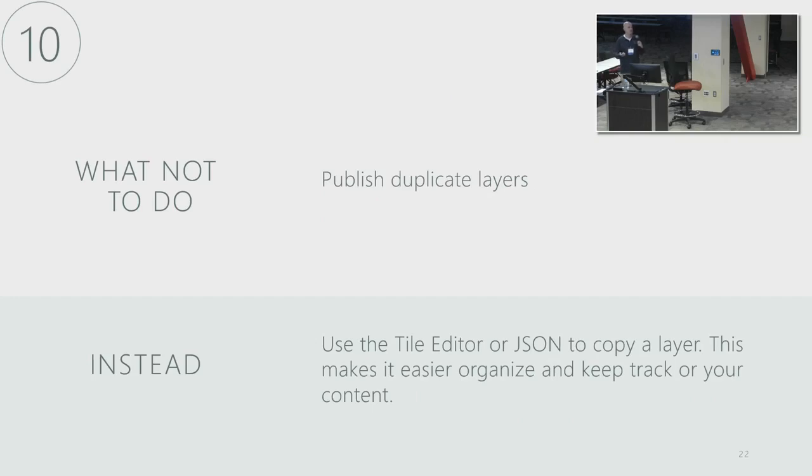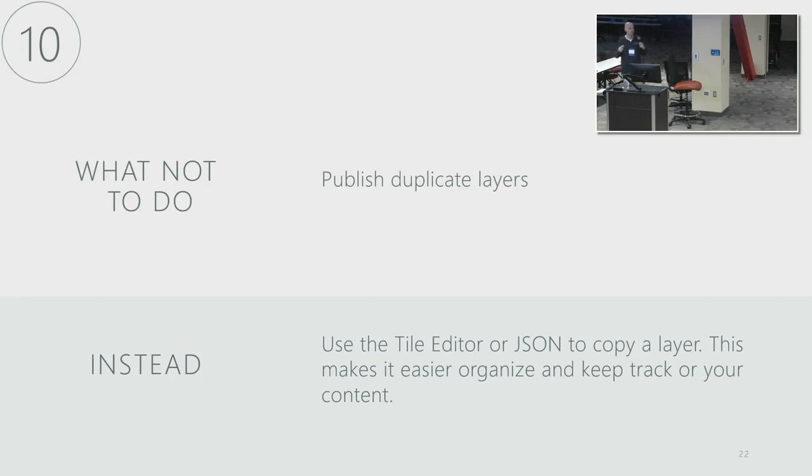Don't publish duplicate layers. For instance, one of the layers that we use is municipality boundary. At a lower level, we use it so we can show cities, because we color those differently. But as you zoom in, we use the boundaries above it, because those will be above the road and above water, stuff like that. So we need two of them.